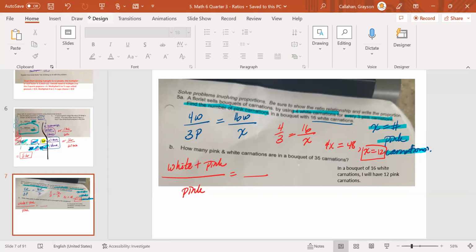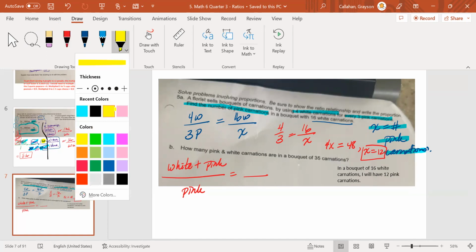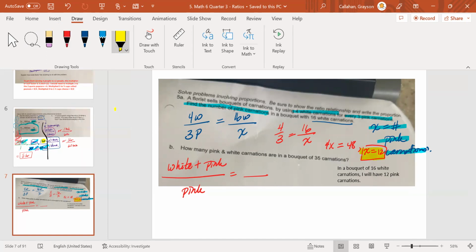From the last question here, do you see how there were 12 pink carnations, right? 12 pink carnations. What was your total here? Total was 12 pink carnations plus 16 white carnations, right? So what's your total? 12 plus 16 is 28, right?